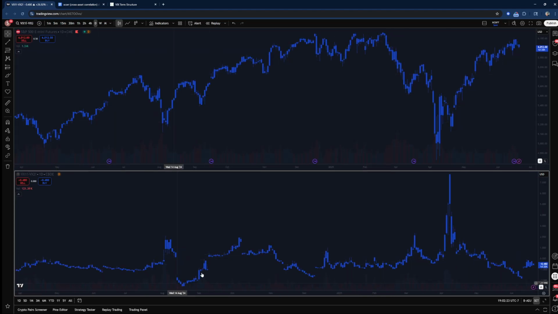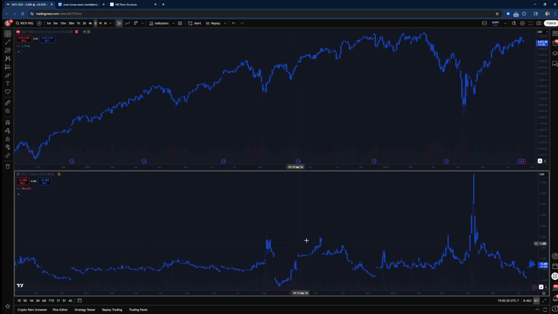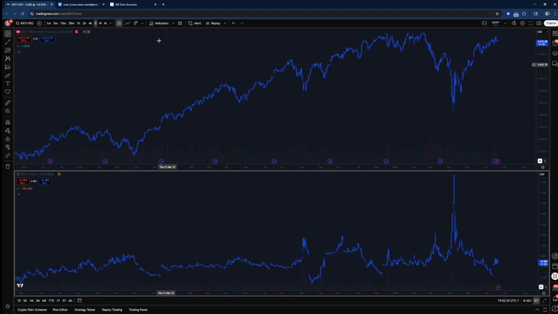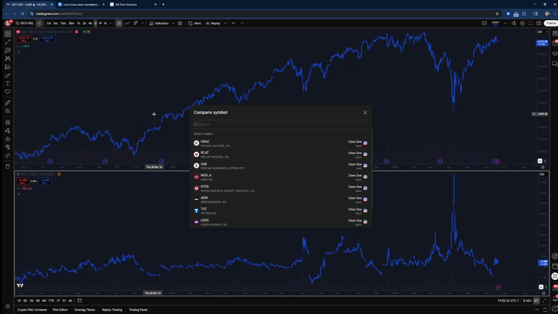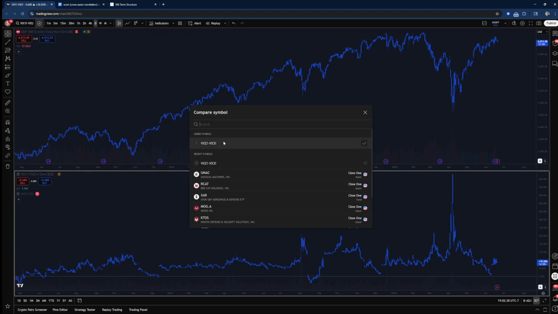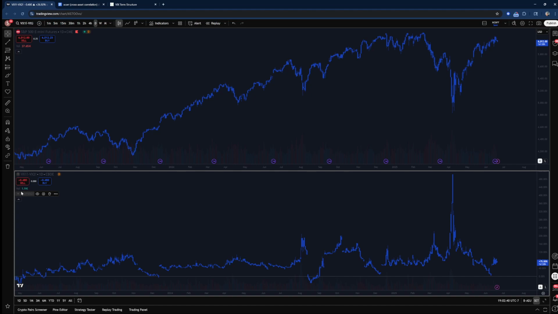These big dislocations are probably rollovers, so I could try plotting something like this. Nah, it doesn't work.